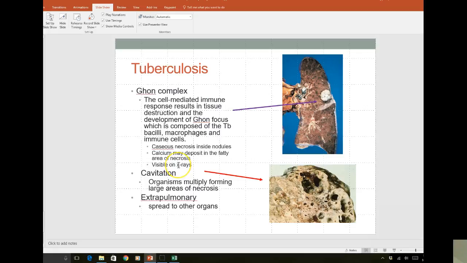And this can be detected on x-rays. Cavitation occurs when we have large areas of necrosis, and so large areas of destruction within the lungs. And then extrapulmonary, meaning that it spreads to other organs.